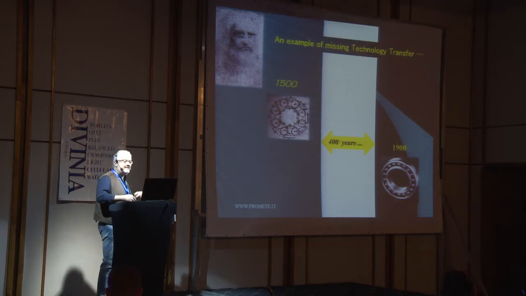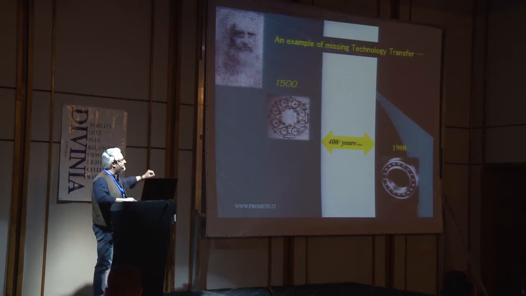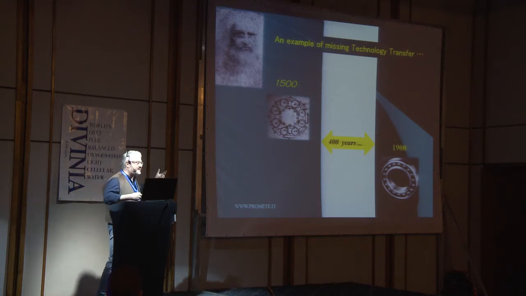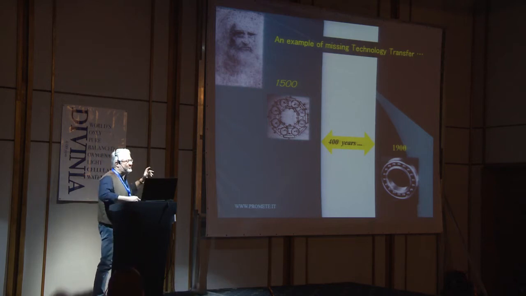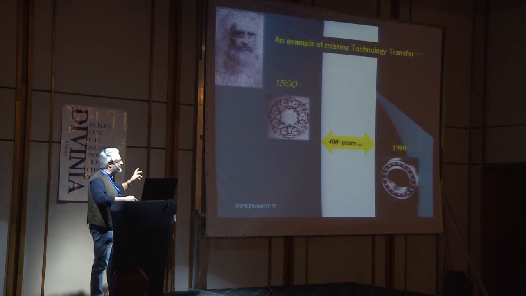And it was discovered again, after the ball bearing was reinvented, in the manuscript of Leonardo, in which he was doing this. So technology transfer is very important to avoid that something like this happens again.